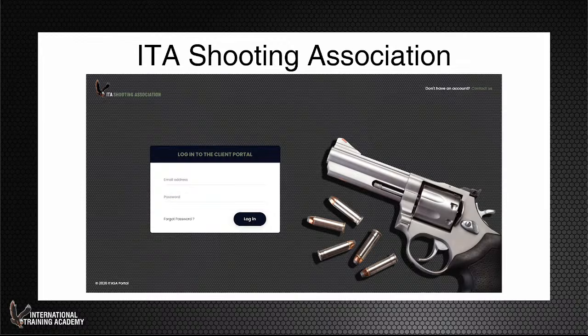Just like our ITA portal, we also have an ITASA portal. So if you have shooting club members that you want to give membership cards to, occasional status, dedicated status, it's available on this portal. I'm not going to go into too much detail, but if you are thinking of starting a shooting club, please reach out. We're definitely there to assist you.